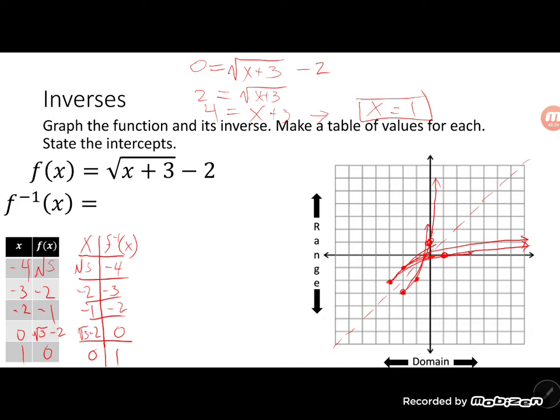We're now going to go ahead and find the equation of it. And remember, we're just going to swap the x and y. We have the square root of y plus 3 minus 2 right there. And now we need to solve for y. So doing a little bit of algebra, we are going to get this.